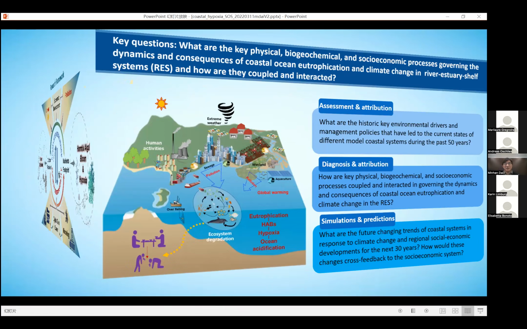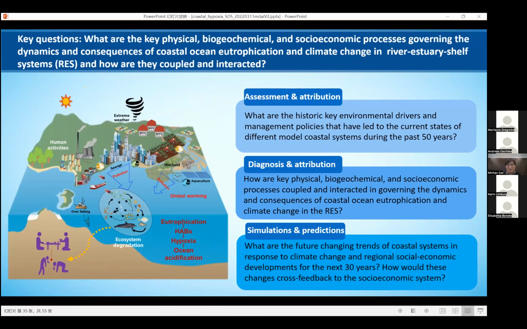The key questions, which I already spelled out, are really the key biogeochemical, physical, and socioeconomic processes. We are doing this assessment and attribution over the last 50 years, trying to diagnose the current status and simulate predictions for the next 30 years.